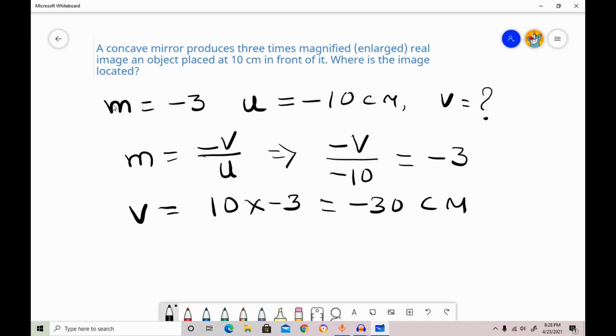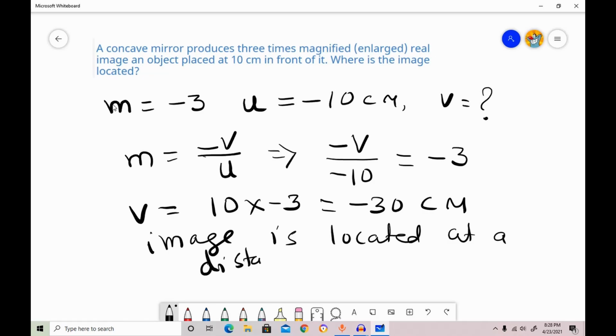So write your answer. It's a very simple problem. The image is located at a distance of 30 centimeter in front of it.